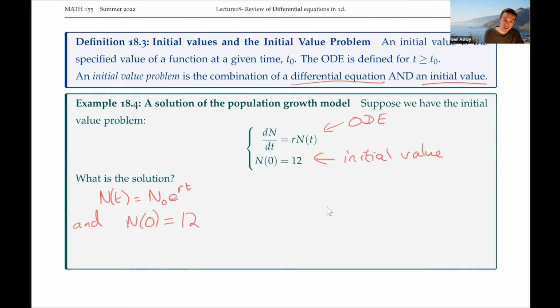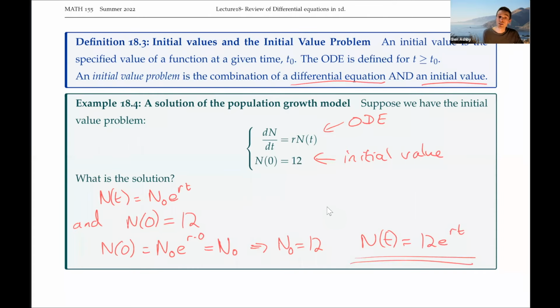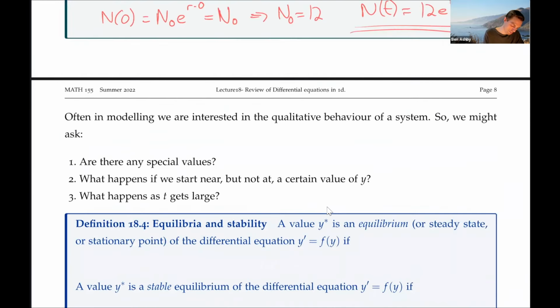If we substitute N at time 0 into our equation above, then N(0) is going to be equal to N0 e^(r times 0), which is just N0. And that implies that N0 is equal to 12. So our solution is just N(t) is equal to 12 times e^(rt). So we've been able to use that initial value to get a specific solution to our system.